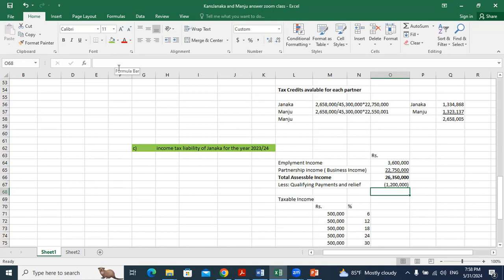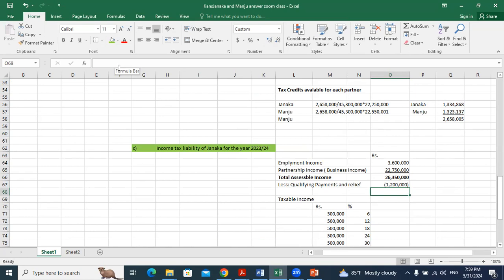The objective of working out this sum is not to work out the exact figures, but one thing I'd like to tell you: partnership income in this situation, this particular partner, his individual income tax computation, he has employment income, partnership income.